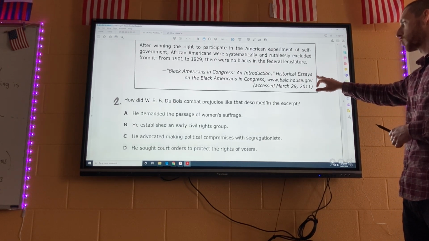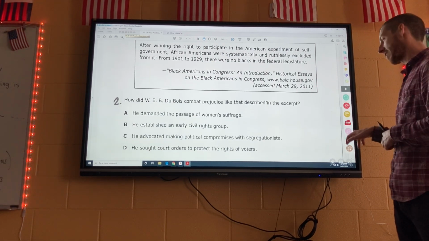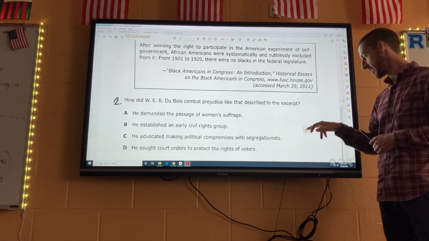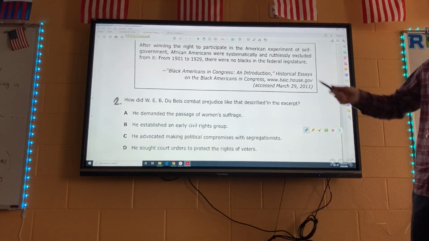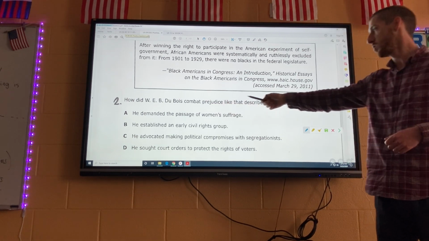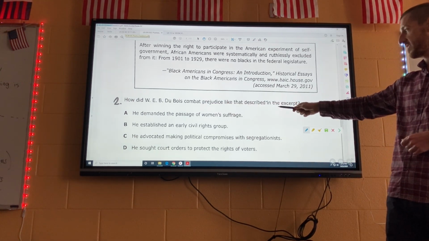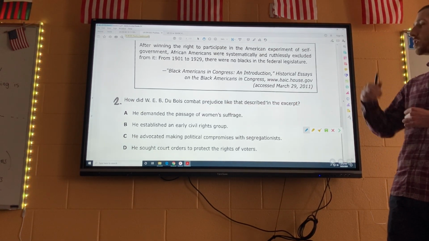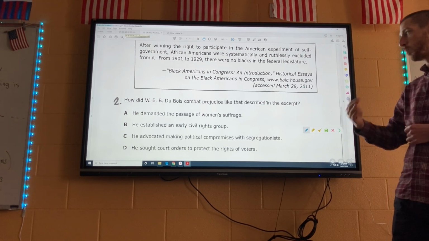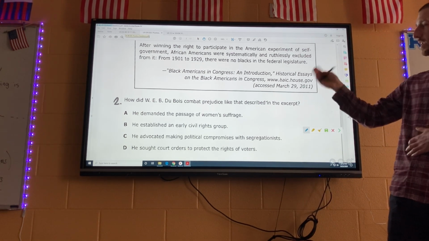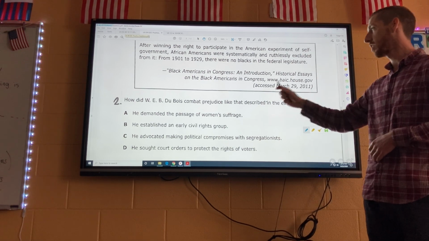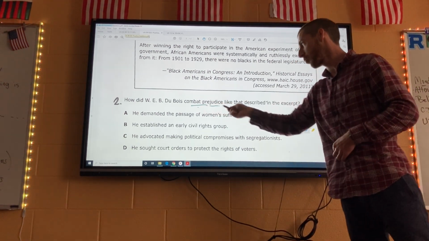All right, Du Bois or Dubois, however you want to say it. I'm not super fancy, so I like to say Du Bois. After winning the right, so what does it say? How did W.E.B. Du Bois combat prejudice like that described in the excerpt? So it's asking what exactly did Du Bois do to help combat prejudice?